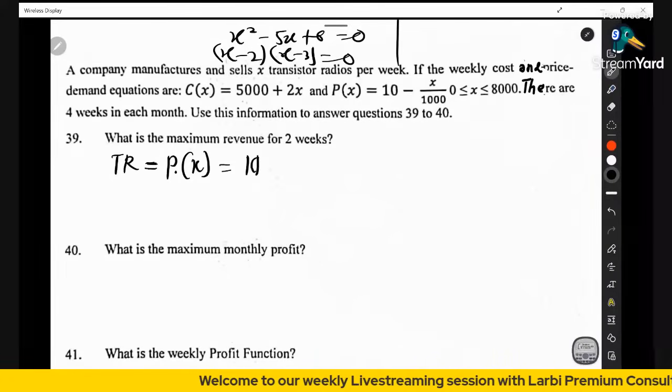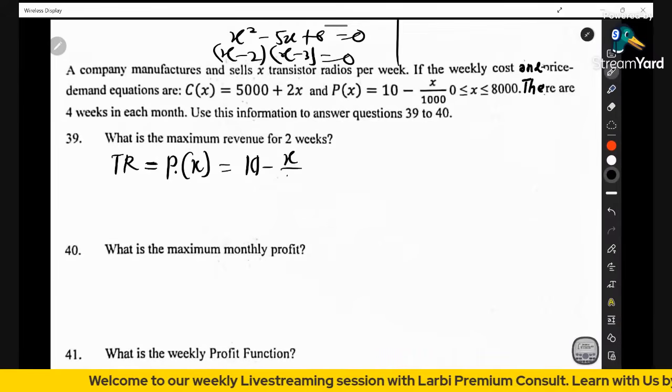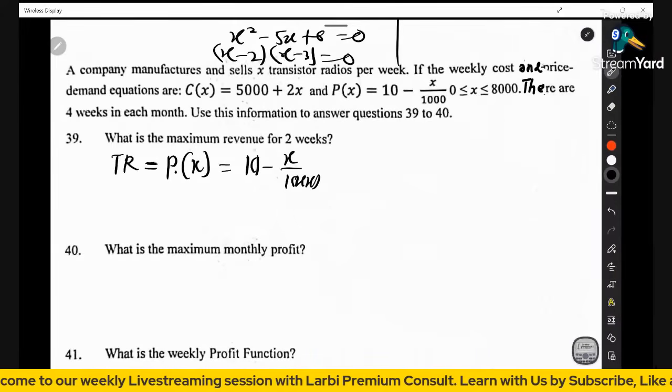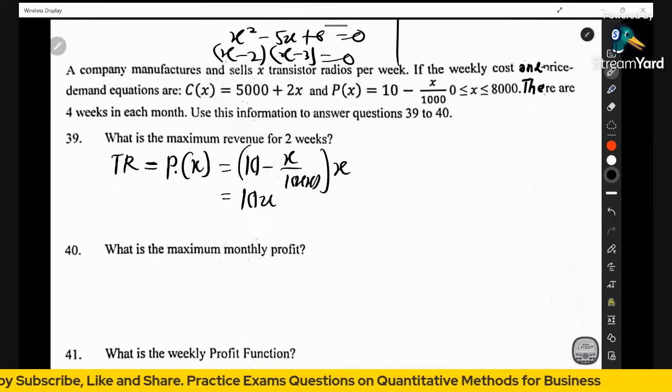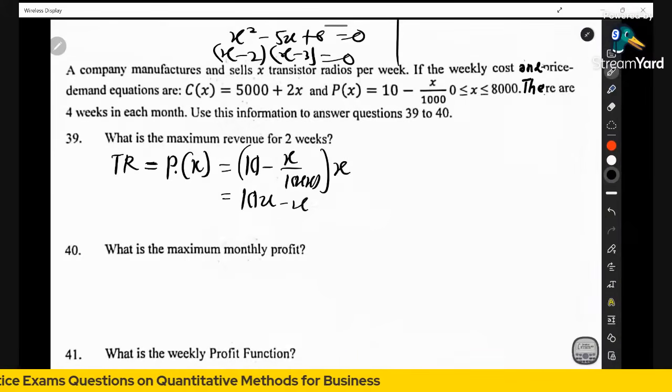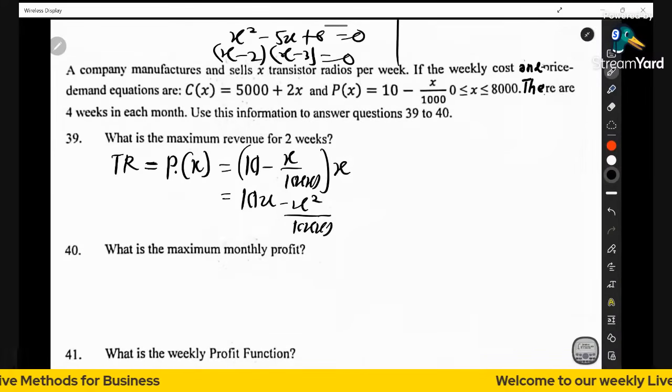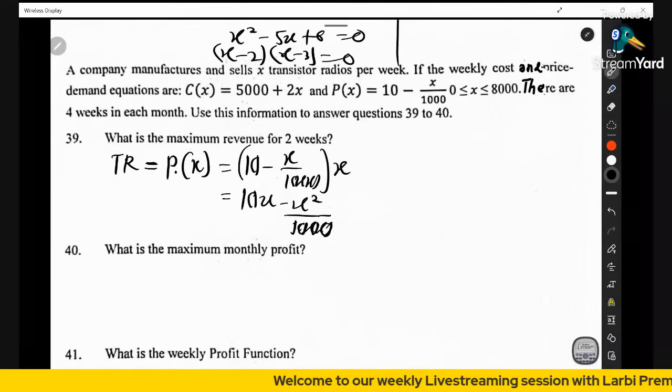It was (10 minus x) over 1000, multiplied by our output x. Therefore, our total revenue function is 10 times x, giving 10x, and then x times x over 1000, giving x squared over 1000. So that becomes our total revenue function.